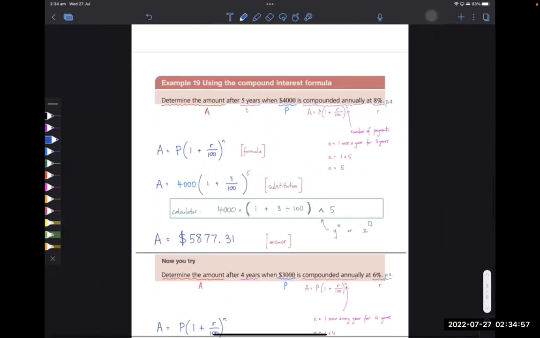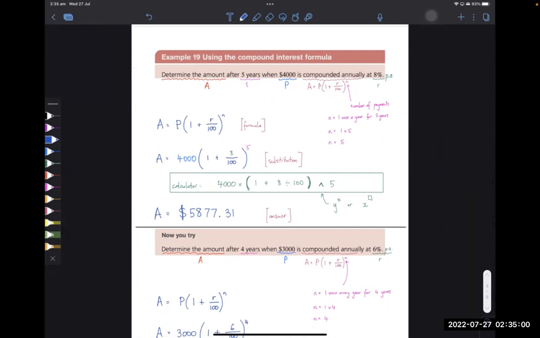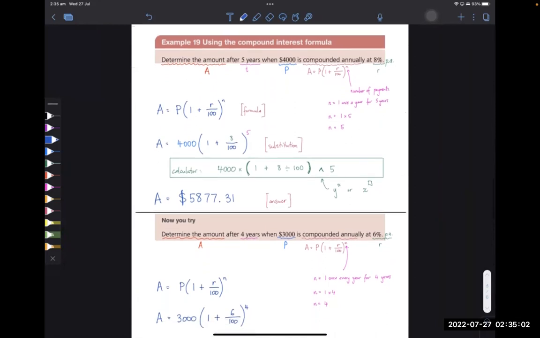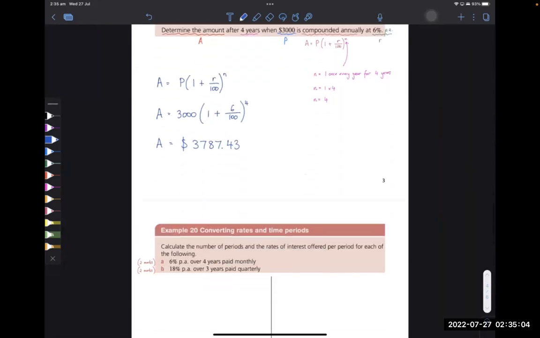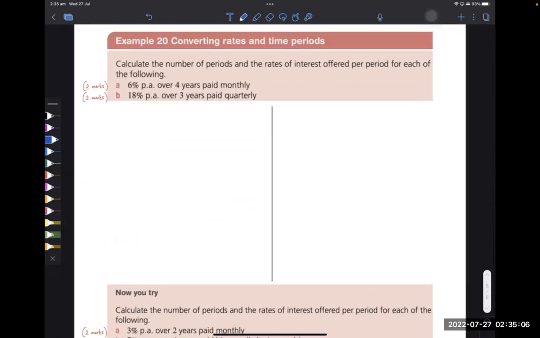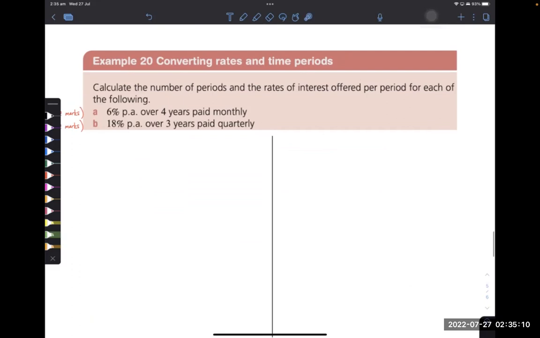Yesterday we completed example 19, or in our previous video we completed example 19. We're going to complete example 20 now. So in example 20, we have the question, and it's asking us to convert rates and time periods.